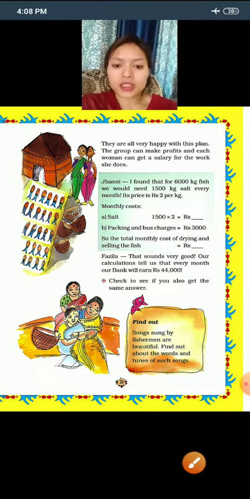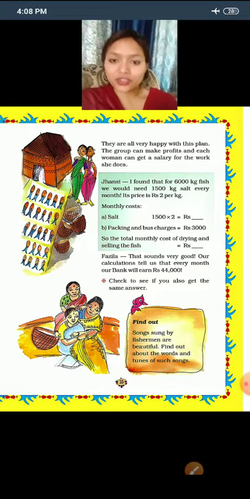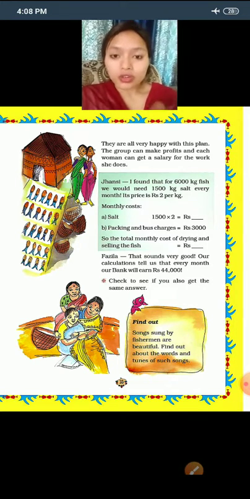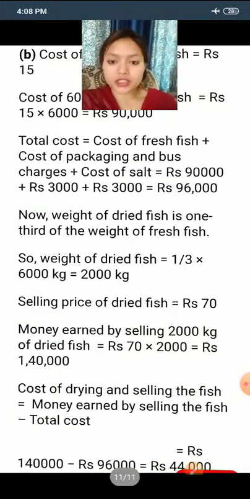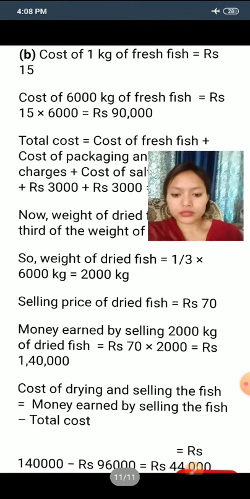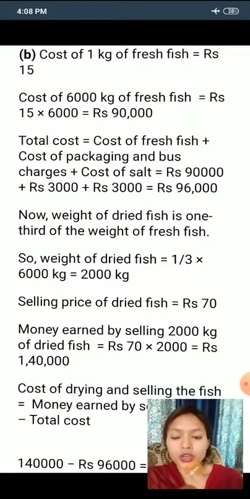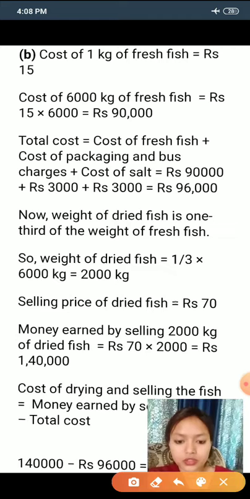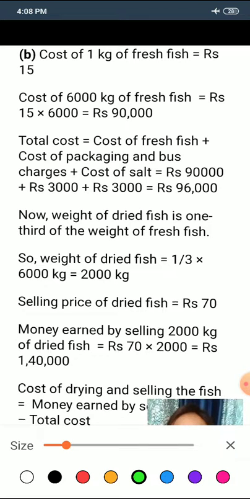And what we have to do, you have to find the total monthly cost of drying and selling the fish. Now for this, just look here. You can see the cost of 1 kg of fresh fish is 15 rupees. So how much we are taking? We are taking 6,000 kg.